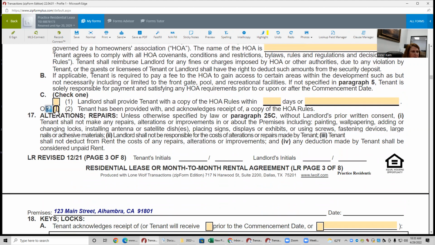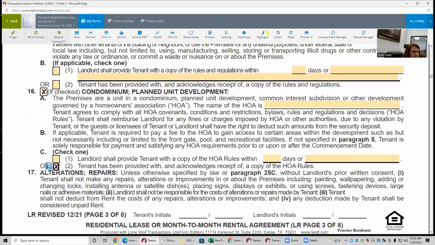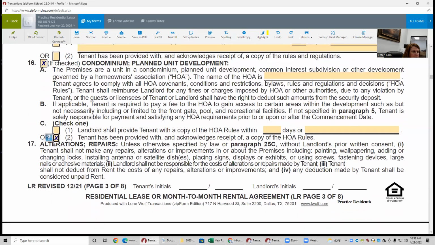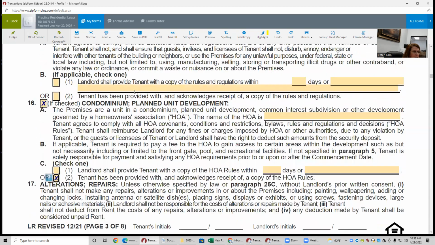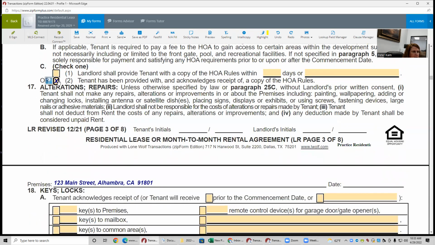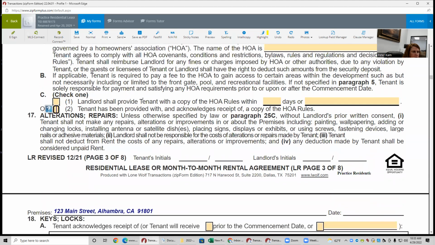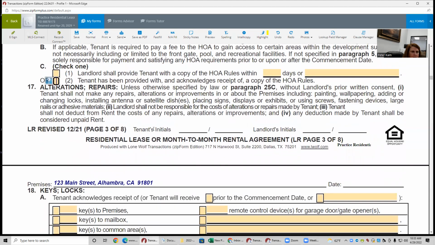But I like it better if you provide it with the lease agreement. So if there's anything in there that they don't like, they've had a chance to pre-read it. So please make sure you're checking one of these boxes if it is indeed a condominium or planned unit development. So that protects everybody, and the tenant understands the rules of the complex. Okay, so alterations and repairs.